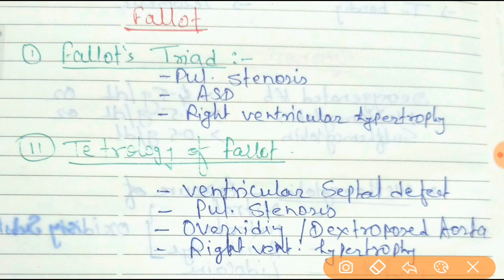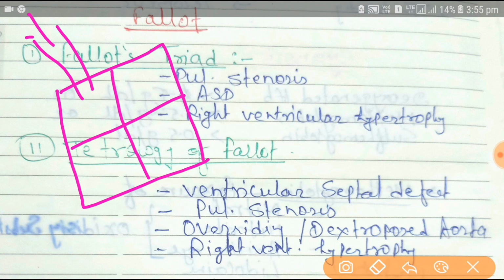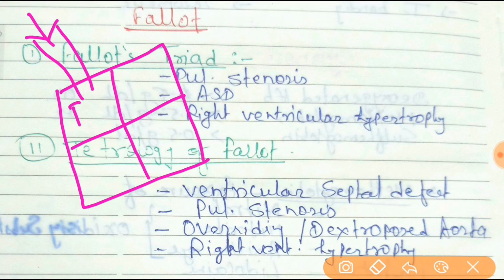If you draw a diagram like that, it is hard. This is the superior vena cava, and it is the right atrium, left atrium, right ventricle, left ventricle.